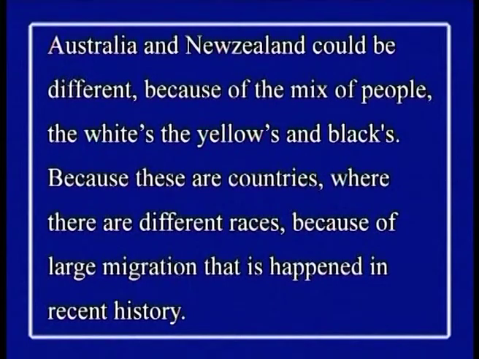Australia and New Zealand could be different because of the mix of people, the whites, the yellows, and the blacks. Because these are countries where there are different races because of large migration that have happened in recent history.